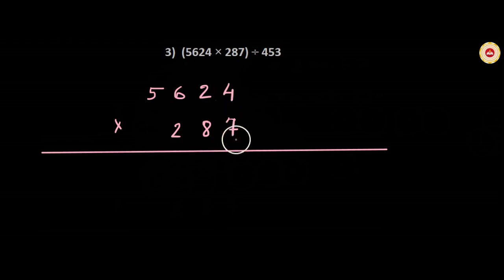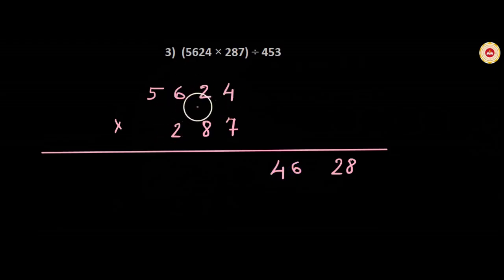So starting from the right side, consider the first column. 7 4s are 28. Join the second column to the first column. There are 2 columns, so multiplying the digits in these 2 columns crosswise. 7 2s are 14 plus 8 4s are 32, 32 plus 10 is 42, plus 4, 46. Now join the third column.